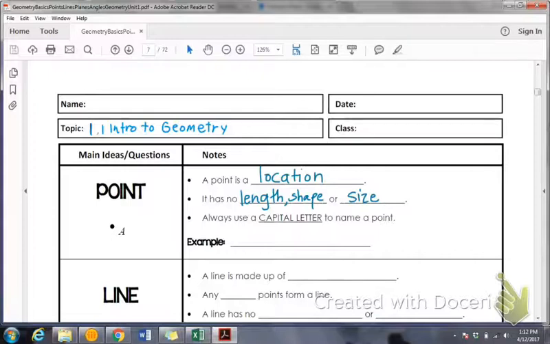We always use a capital letter to name a point. Naming things is sometimes tricky for students in geometry. So I'm going to highlight, and if you can circle, or if you want to borrow a highlighter up there, they're up on my desk, you can go grab one. You can just circle the little dot out there. But we're going to name a point using a capital letter.